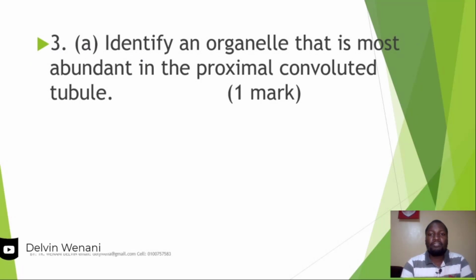Next, identify an organelle that is most abundant in the proximal convoluted tubule. The word abundant here means in plenty. We know the proximal convoluted tubule is part of the nephron.